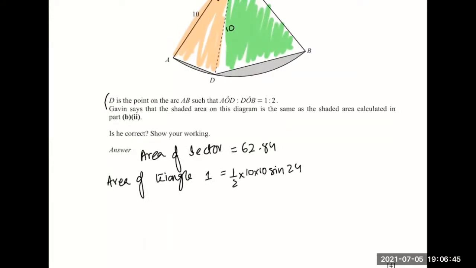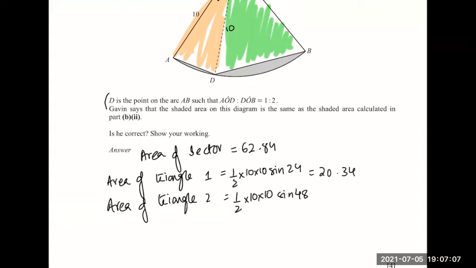Sine of 24. Area of triangle 2. Okay, 37.157.